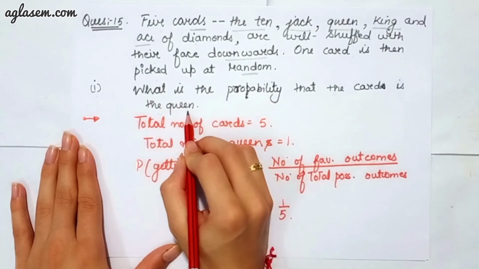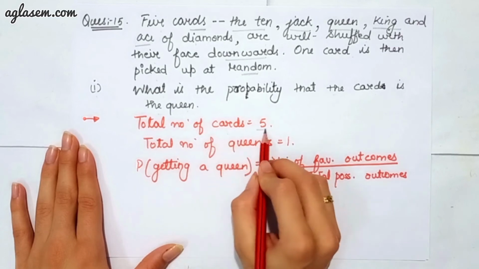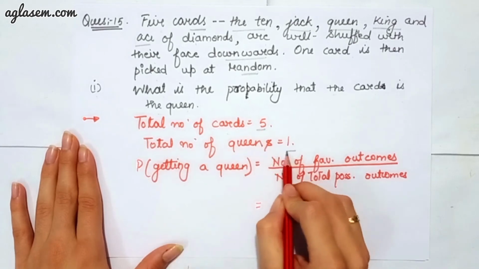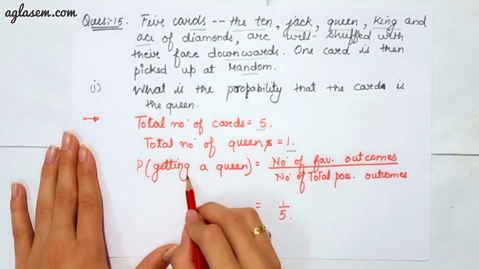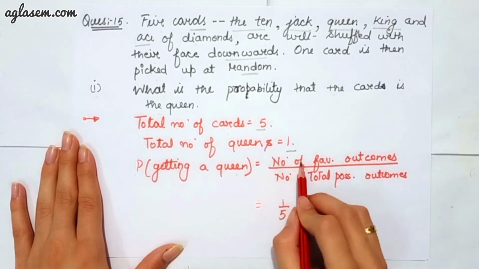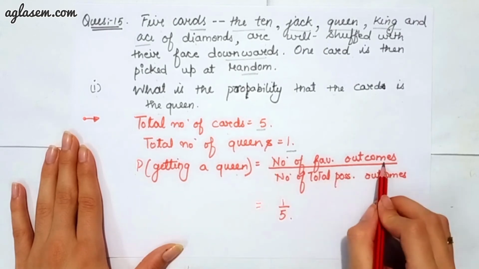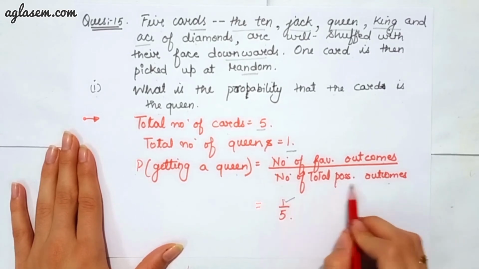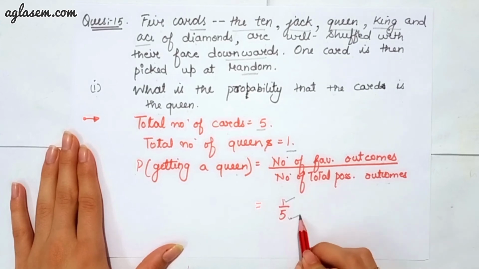The total number of cards is 5. The total number of queens is 1. So the probability of getting a queen equals the number of favorable outcomes divided by the number of total possible outcomes. Here the favorable outcome is 1 and the total possible outcomes are 5. So the probability of getting a queen is 1 upon 5.